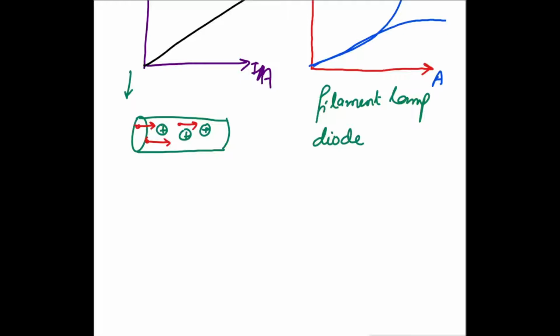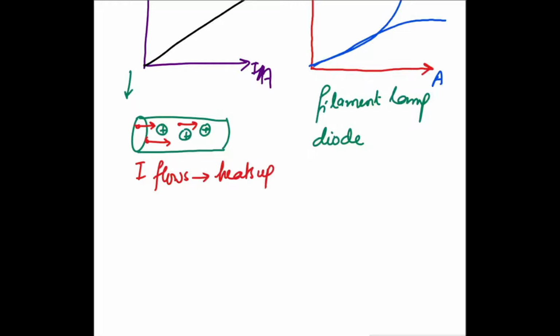As a result, when they collide, they slide past them, and this produces friction. And we know that friction produces heat. So the short form of this is very simple: when current flows, the conductor heats up.